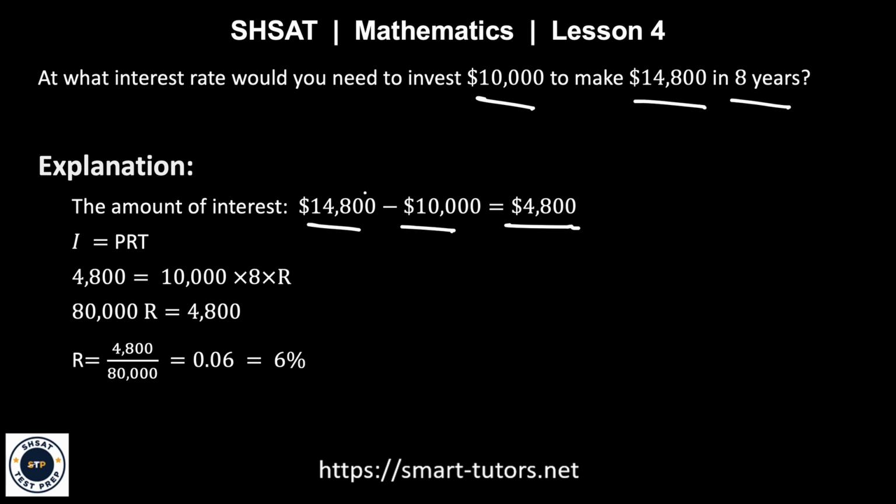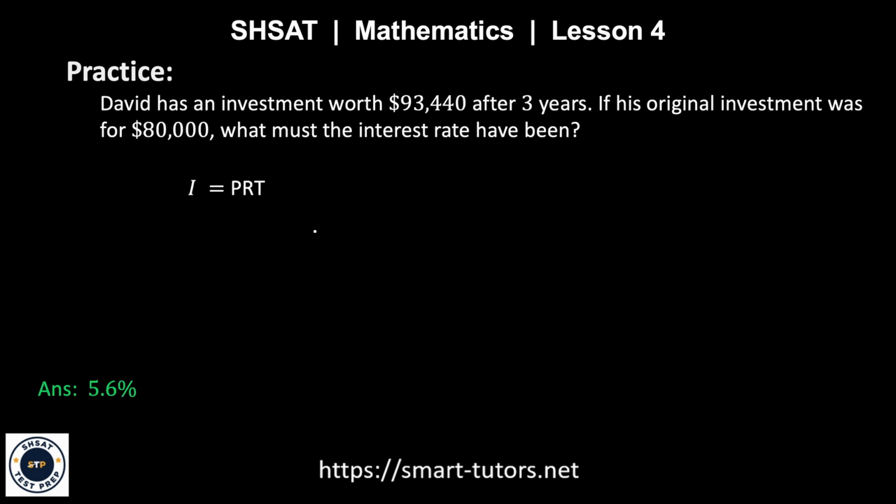I equal to PRT, where this is the principal you want to invest, this is the interest or return you want, and this is the time. Just follow the equation and plug it in. So 4,800 equals 10,000 times 8 times r. Solving for r gives you 6%. This is a practice problem. Pause the video, try by yourself, and make sure that you get this answer.